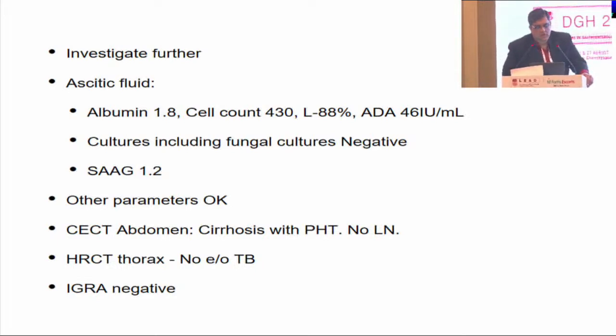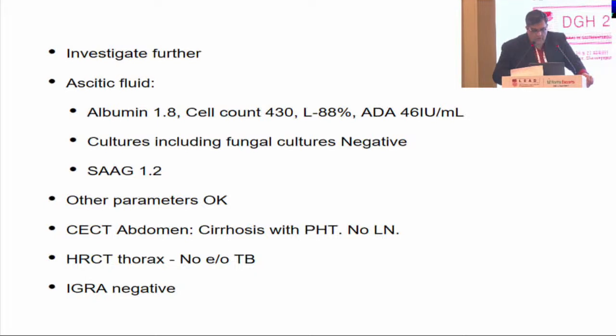To look for tuberculosis elsewhere, we did a CECT abdomen, which showed just cirrhosis with portal hypertension, no lymph nodes, no evidence of any peritoneal thickening. HRCT thorax showed just mild bilateral tiny pleural effusions, no evidence of lymph nodes or tuberculosis. IGRA was negative.